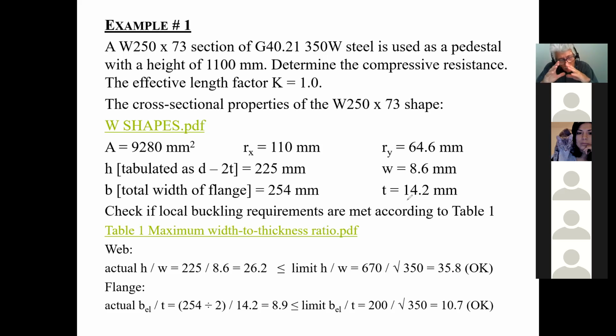Most shapes will meet this, so you won't necessarily have a problem, but you should always check this to make sure that you are allowed to use either the formulas or even the tables. Now, there's one table you won't have to worry about, because I'm sure that table has already incorporated these formulas, but there's another table where it hasn't incorporated these formulas, and therefore you have to check if you want to use that particular table.